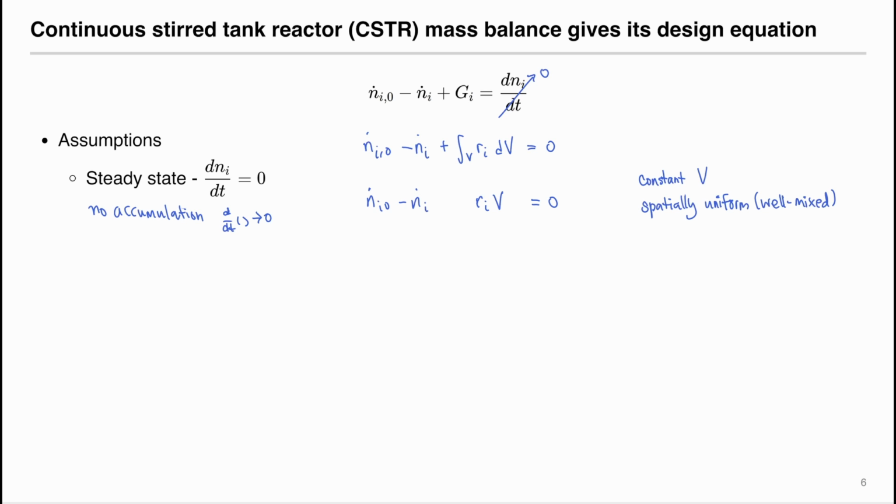Now if we rearrange the equation and solve for the rate R of I, you can see that it is Ni minus Ni naught divided by volume. This equation is the design equation for CSTR or chemostat.